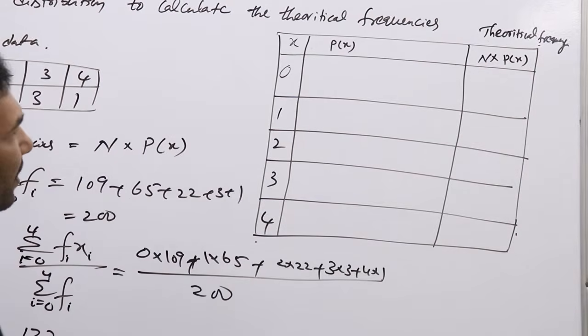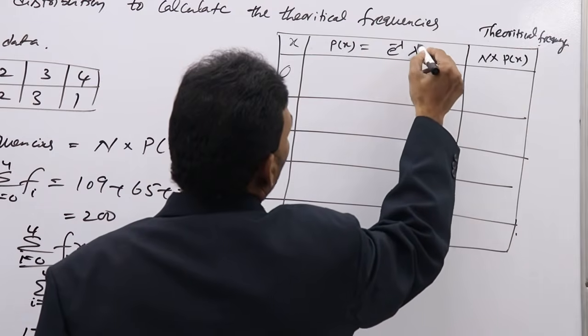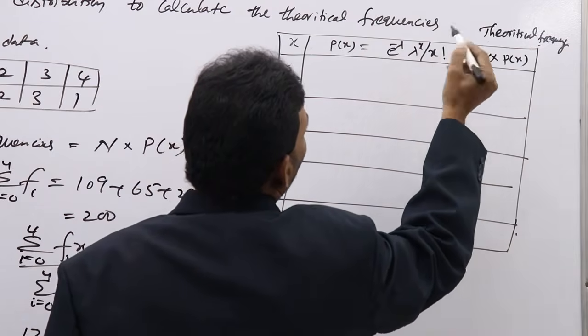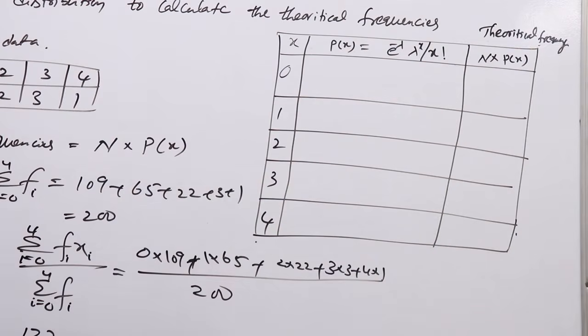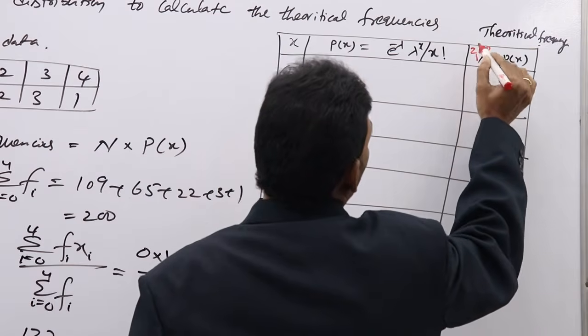Now P of x has the formula e power minus lambda into lambda power x by x factorial. This is the formula which we need to apply. So using this formula, one can evaluate all the values. Here capital N we know is 200.